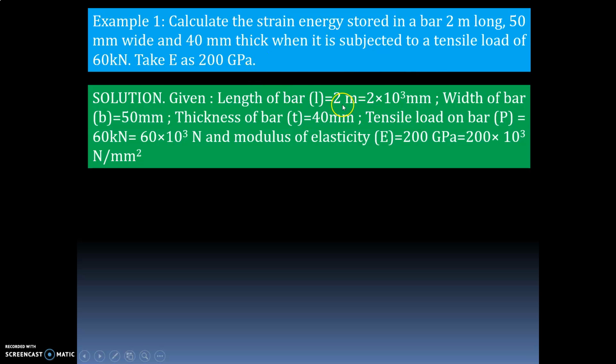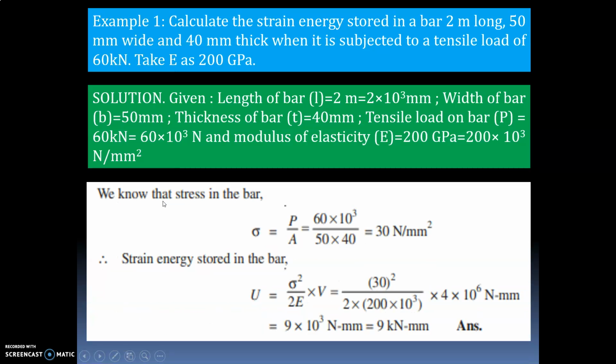The length is given, that is 2 meter, converted into millimeter, 2 into 10 raised to 3 millimeter. Width of the bar is 50 mm, and thickness of the bar is 40 mm. The tensile load P is 60 kilonewton, so 60 into 10 raised to 3 Newton, and modulus of elasticity is 200 GPa, or 200 into 10 raised to 3 Newton per millimeter square.